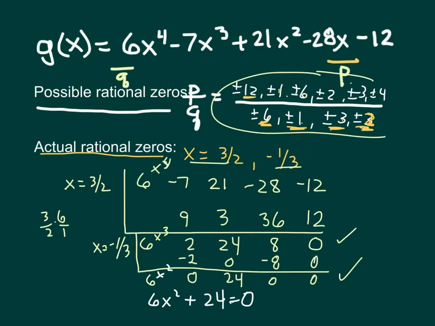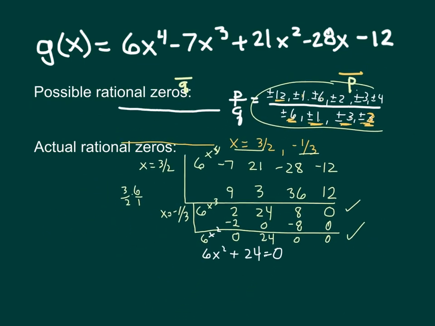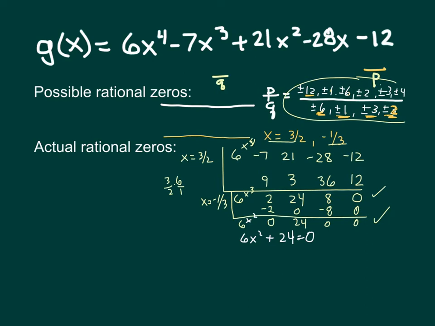So I'm going to make this a little smaller so I can have some room to write. I'm going to say 6x squared equals -24. So x squared equals -4 when I divide. I'm going to take the square root of both sides to get x as plus or minus radical -4. So x is equal to plus or minus 2i, imaginary.